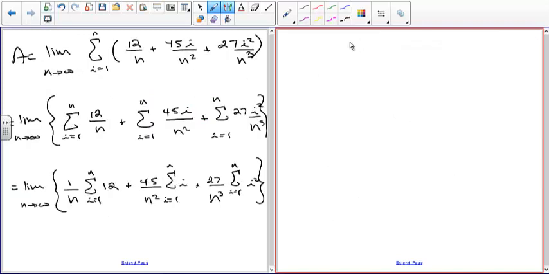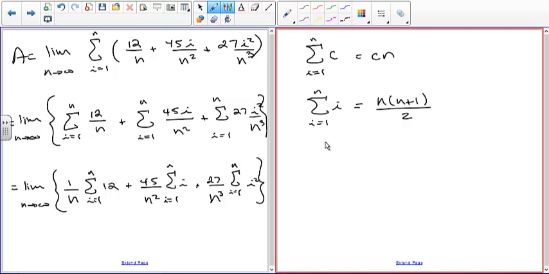So we had these summation formulas that said the summation from i equals 1 to n of c, some constant, is c times n. The next one was the summation from i equals 1 to n of i is equal to n times n plus 1 over 2. And the other one we need is the summation of i squared.